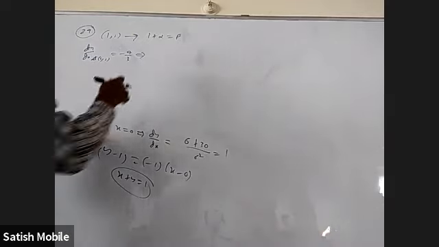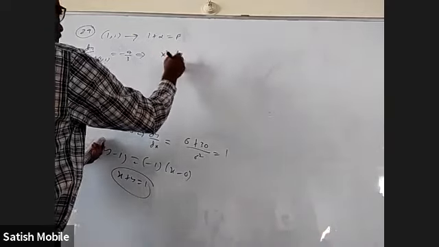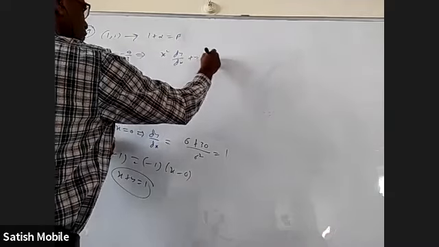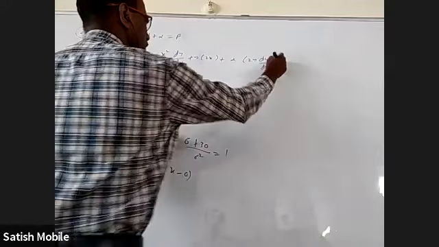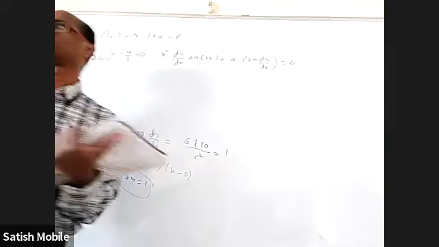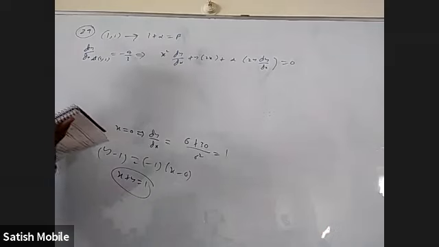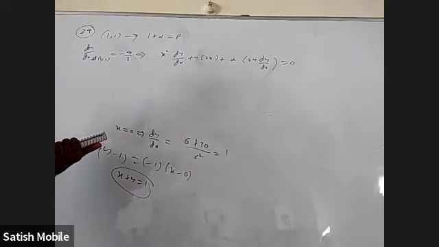From that, what will you get when I differentiate this? X square into dy by dx plus y into 2x plus alpha into 2y dy by dx is equal to 0. Now put 1 comma 1.